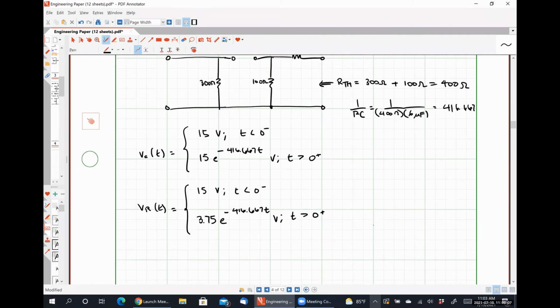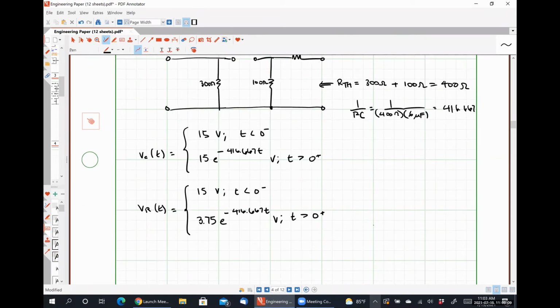But I think that personally, having a generic catch-all equation works best for me and typically works best for the student, so that if you can do this simple DC circuit analysis at T equal to 0 minus and T equal to 0 plus, and just throw stuff into the equation and get the right answer, why wouldn't you do it that way?